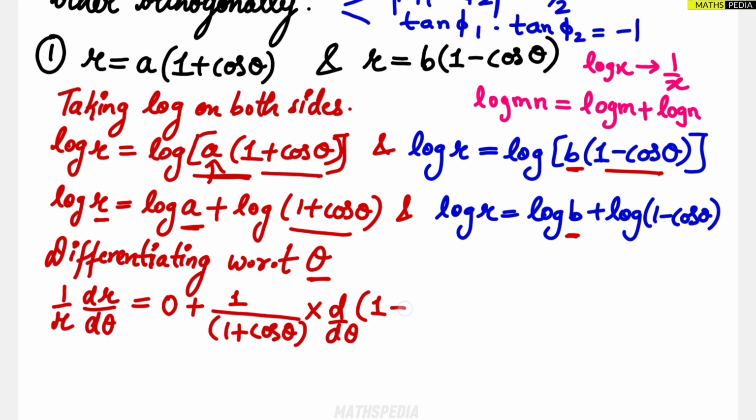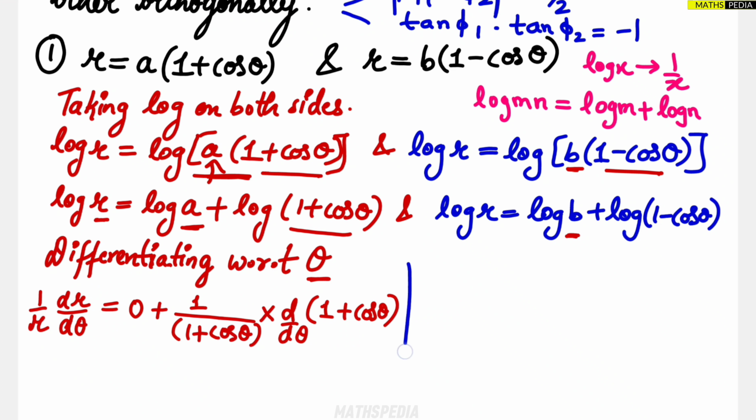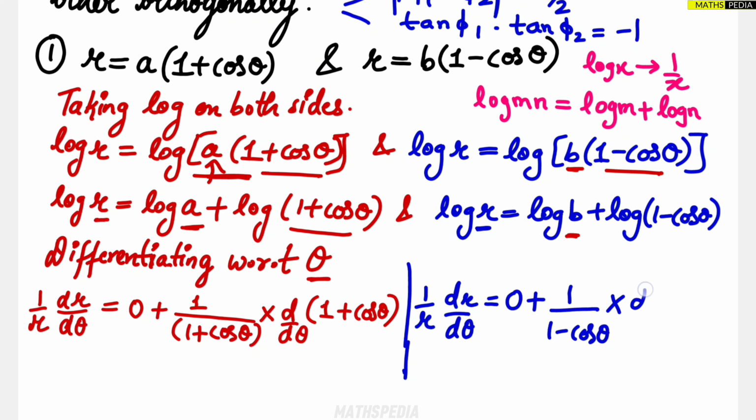Again, this is nothing but the chain rule. So on the right side, 1 by r dr by d theta is equal to 0, log b becomes 0, plus here also the same thing, 1 by 1 minus cos theta into the differentiation of that particular thing with respect to theta. Done.